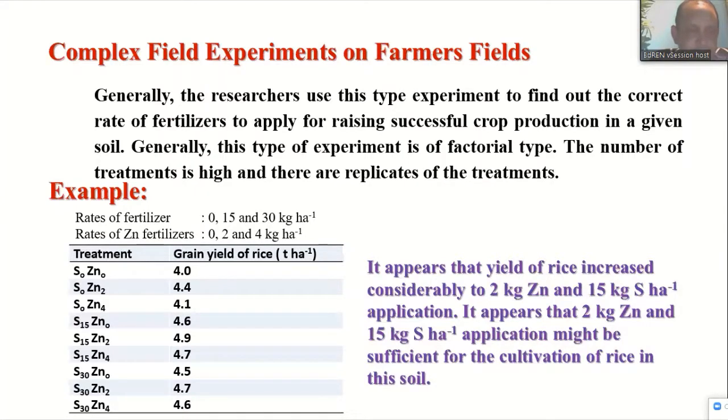This is the maximum yield. So this will be the actual fertilizer dose for this kind of experiment. You can suggest it after this experiment.